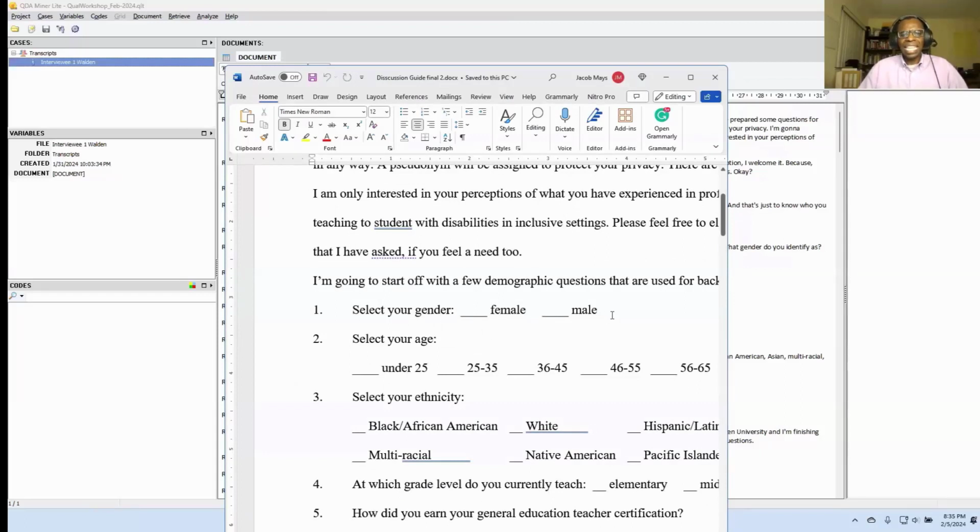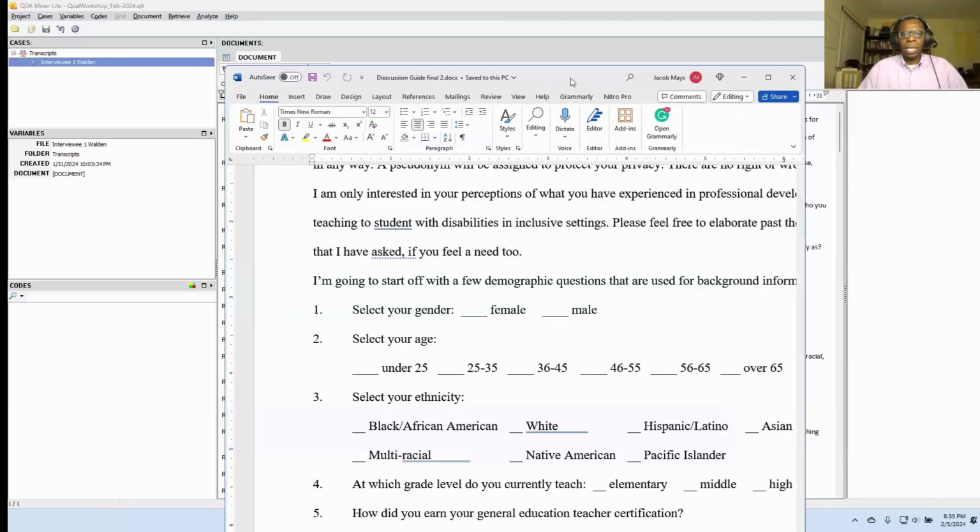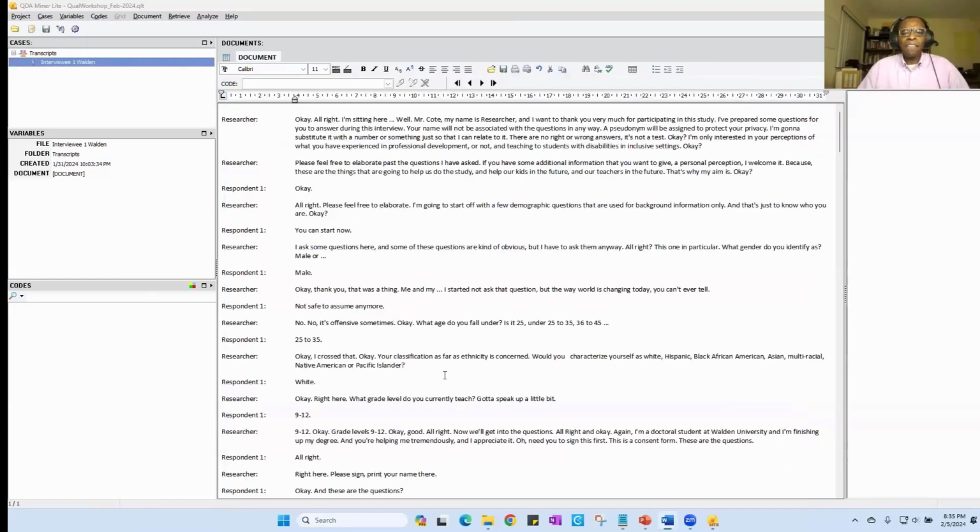The first question he asked was about gender. The second one was about age, right? So you don't have to read every word of the document, right? So you see male here, right? Respondent one says male.